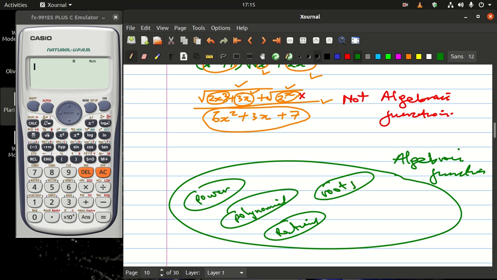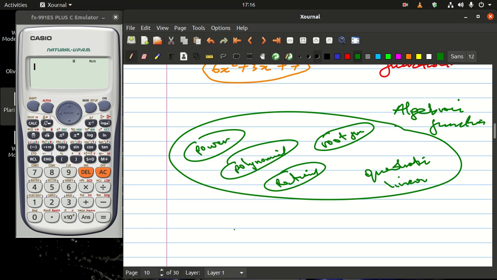So of course root functions are inside, and all the ones listed above are inside here. Quadratic are inside, linear are inside, constants are inside. So algebraic is more powerful. Any function that is not algebraic, we say that function is a transcendental function.